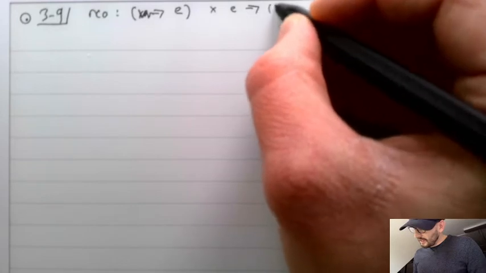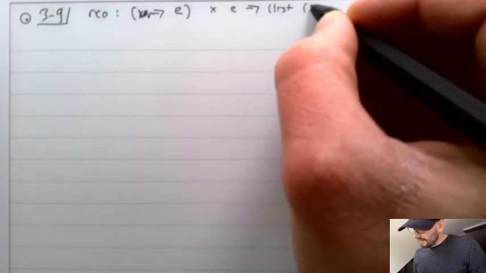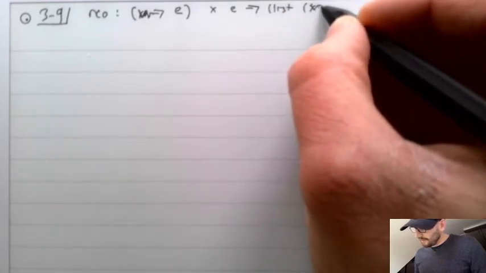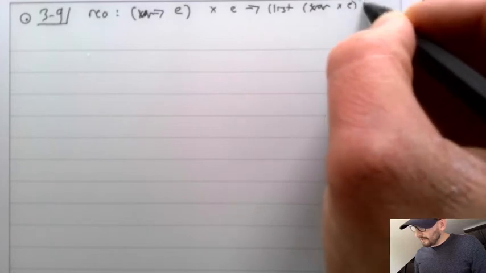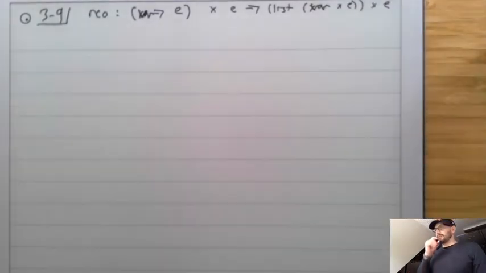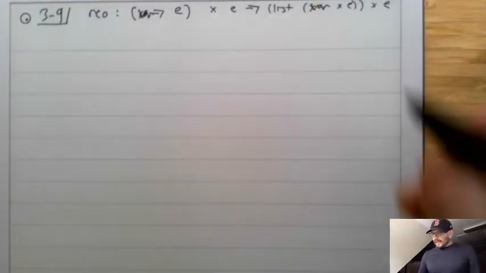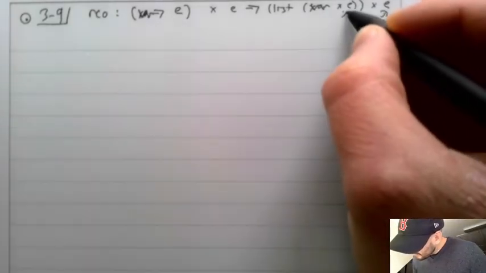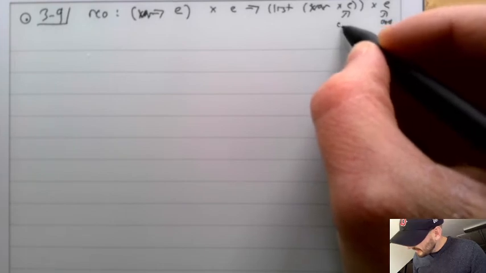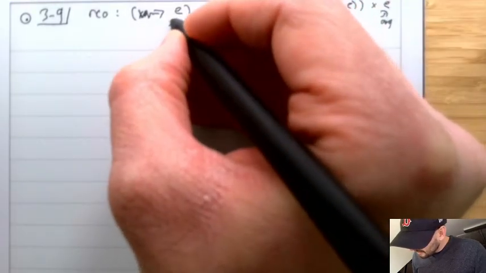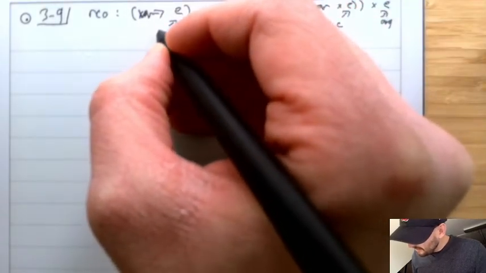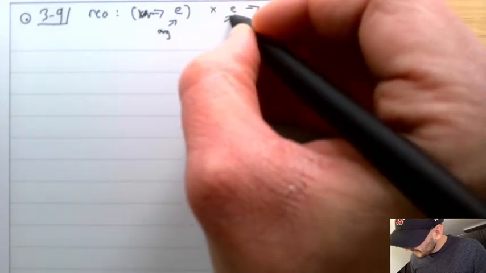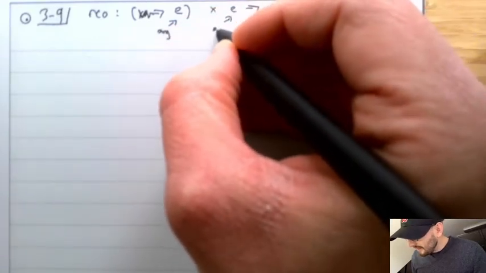It's going to return a list of a variable and an expression, and it's going to return an expression. This expression right here is guaranteed to be an arg. This expression is guaranteed to be a C. This expression right here is guaranteed to be an arg. And this expression can be anything.